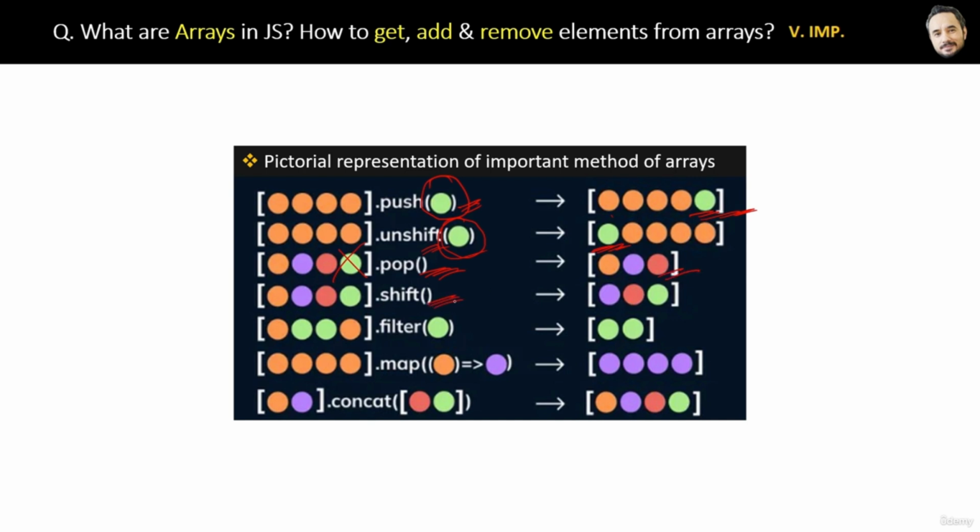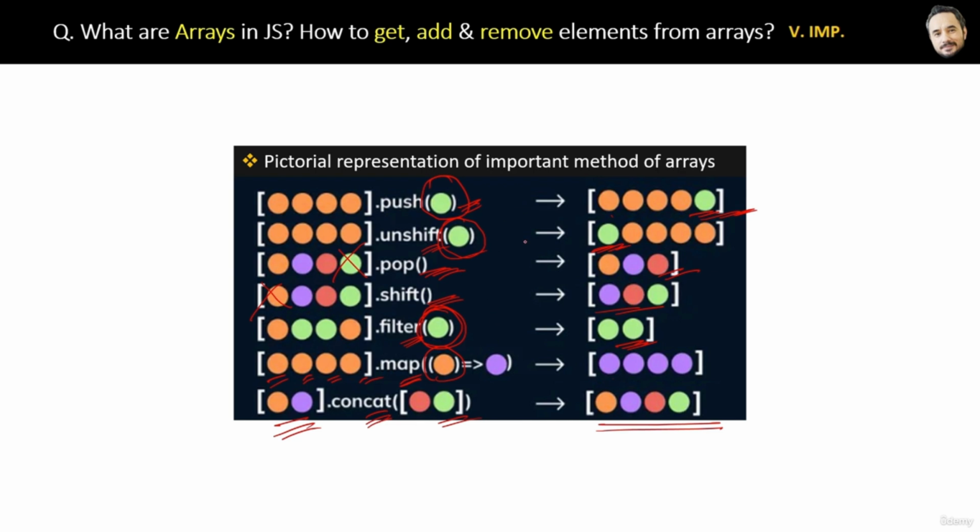Shift method is used to remove the first element of the array. Then we have the filter method, which is used to filter the array based on the condition. The map method is used to modify each element of the array. And the concat method is used to add arrays into a single array. Great.